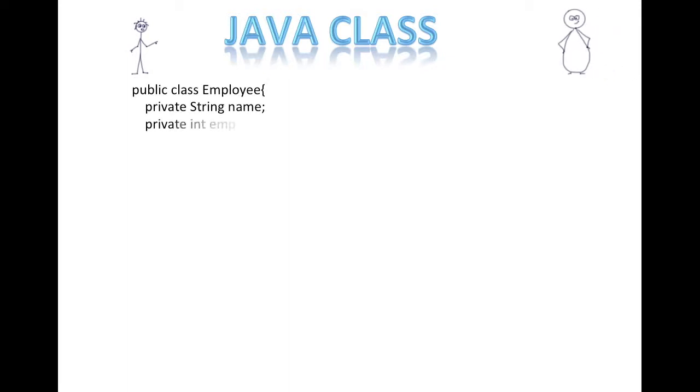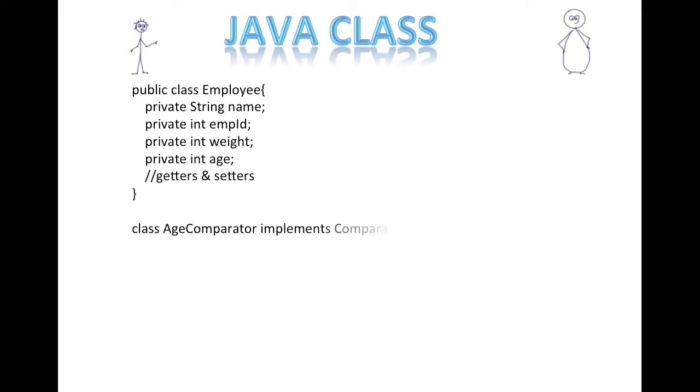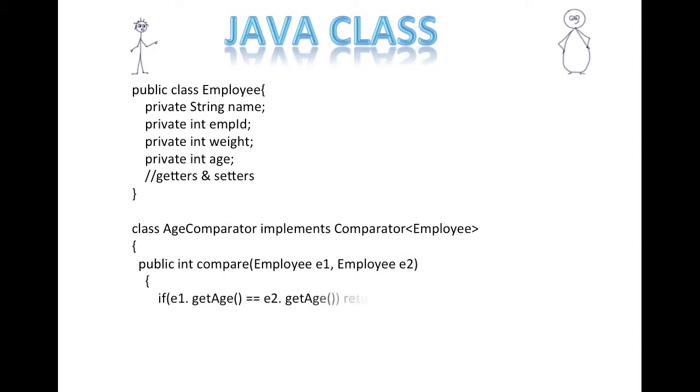Now writing the Java class. Public class Employee, private String name, private int employeeID, private int weight, private int age, and then we would be having the getters and setters. Note that in this case we are not modifying the original class as opposed to the Comparable interface.